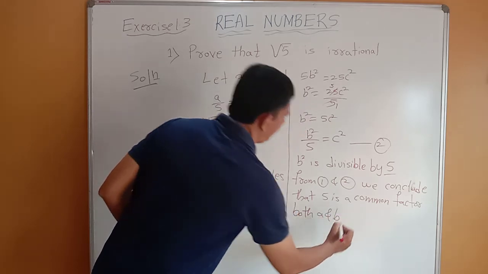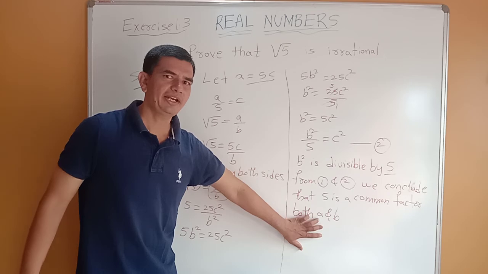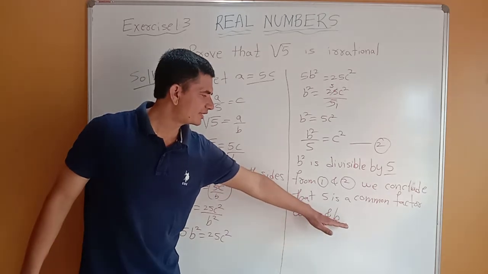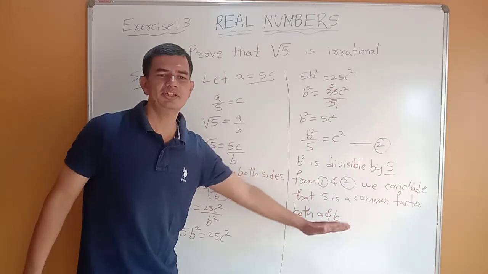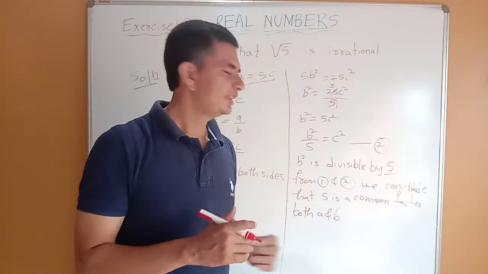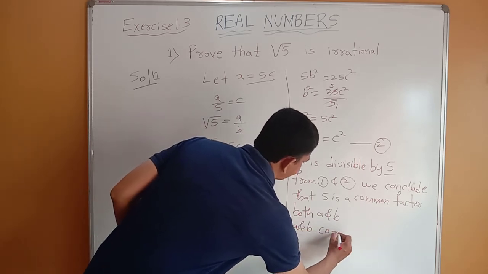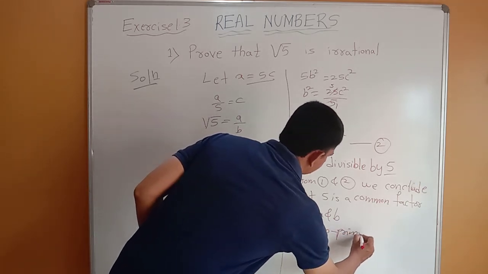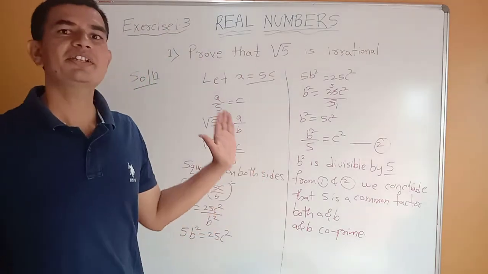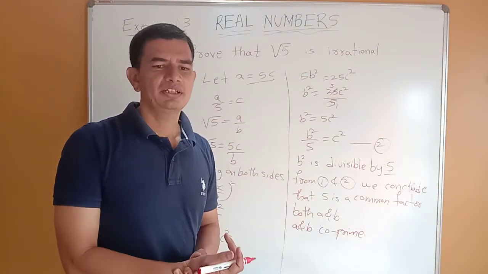Since 5 divides a and 5 divides b also, both are divisible. But this contradicts the fact that a and b are co-prime. Here this contradicts. We can say that a and b are co-prime.